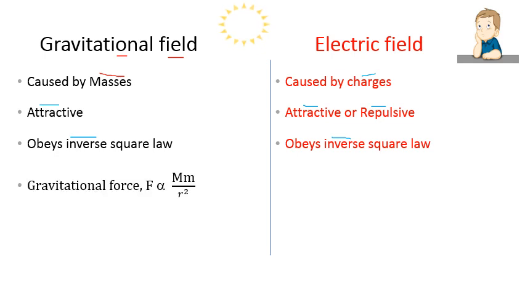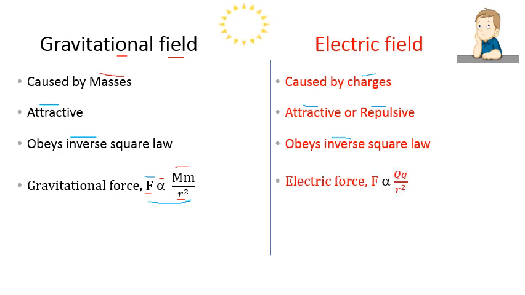Now in the gravitational field, the force of attraction is given by this mathematical form of Newton's law of gravitation. What is Newton's law of gravitation? The gravitational force of attraction is directly proportional to the product of the masses and inversely proportional to the square of the distance between them.